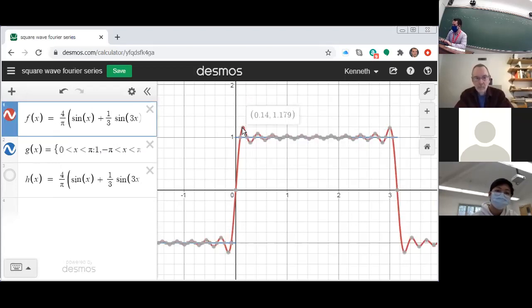And so 1.179, so the peak actually decreased a tiny amount. So I'm not convinced, well, actually, maybe they didn't. Maybe that was just from the software approximation.